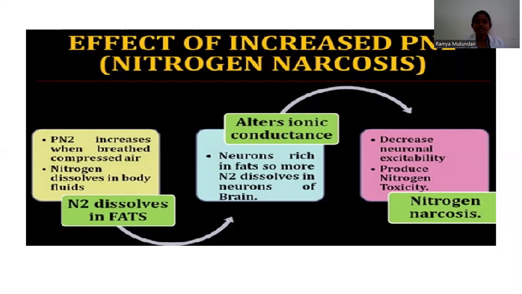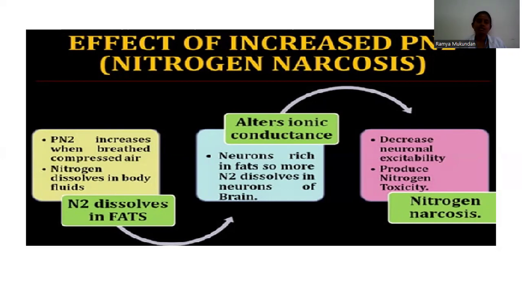So this slide, if you see, shows the summary of what we have discussed in the part 3 slides. That is, nitrogen has the ability to dissolve in the body at a very rapid rate, especially in the lipid-rich tissues and cells. So we all know that the neurons are highly rich in lipids. So it dissolves in the neurons first.